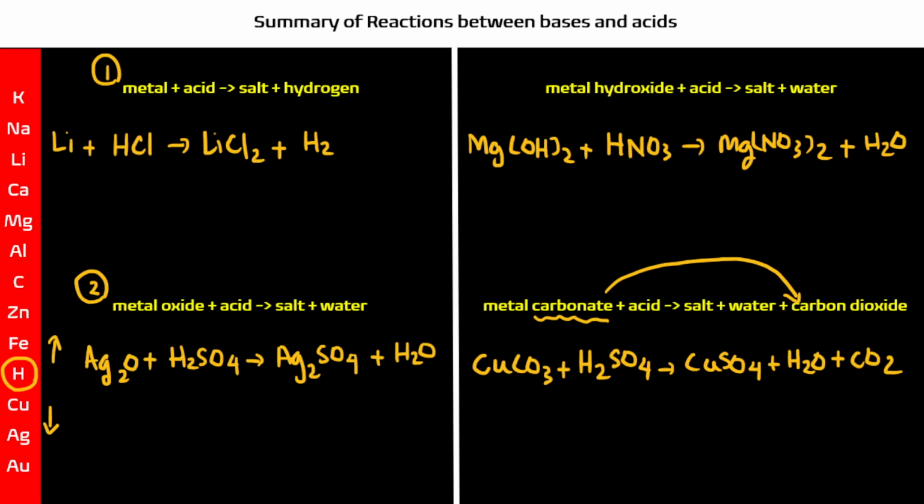Okay, so you should know that only this is the displacement reaction, because here your metal is above hydrogen in the reactivity series. That's why the lithium was able to displace hydrogen ions from hydrochloric acid. For the metal oxide here, this is a neutralization reaction because the O2- ions from the metal oxide neutralize the H+ ions, or hydrogen ions, from sulfuric acid to form water.